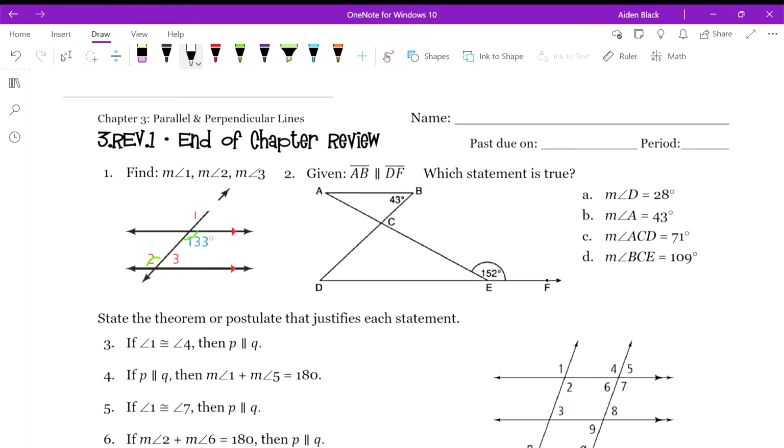Those are alternate interior angles, so we know they're congruent. So the measure of angle 2 is 133 degrees.